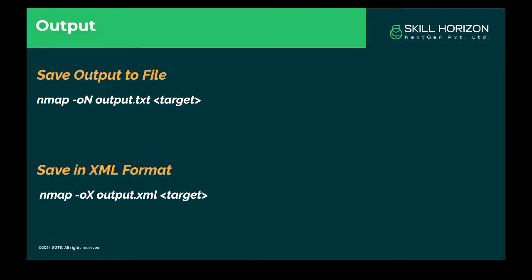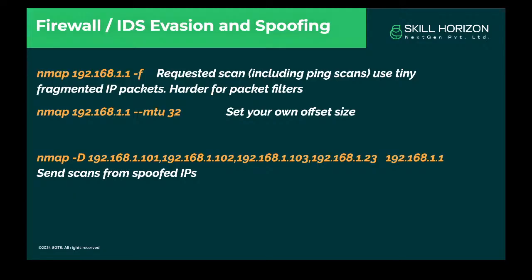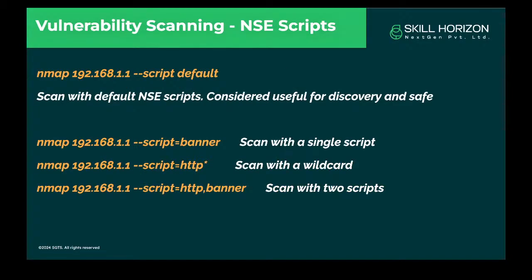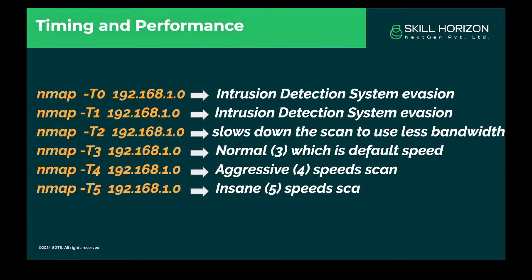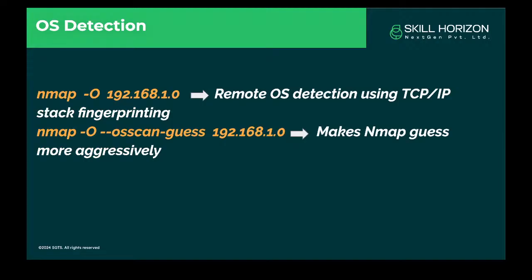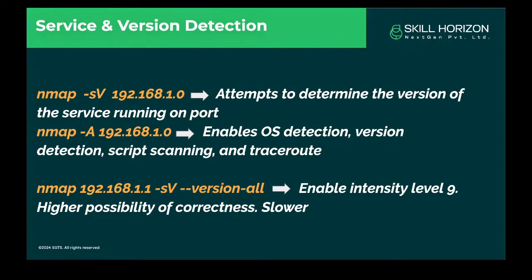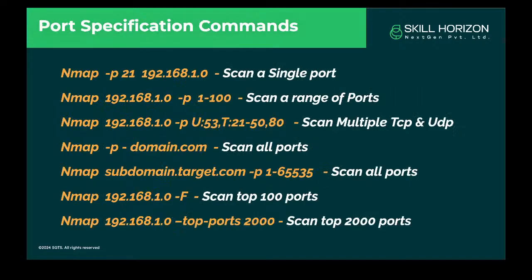So these are all the commands for Nmap: for output purposes, for firewall bypass purposes, for vulnerability scanning with NSE, not only using default but with selected scripts, the default NSE script-based scan, timing and performance flags, operating system detection flags, service version detection options, and port specification commands.